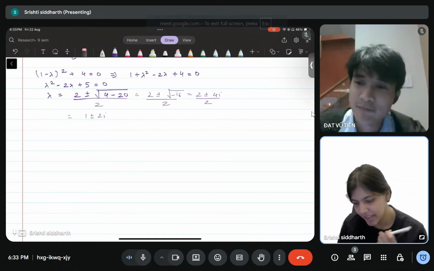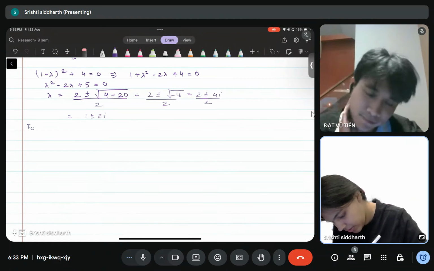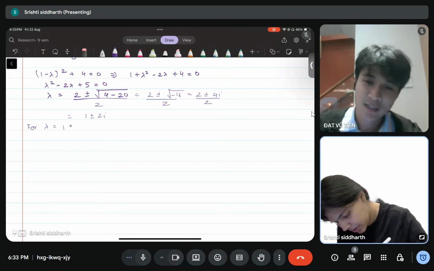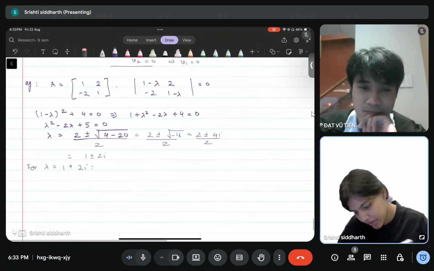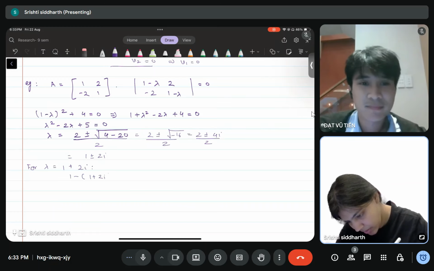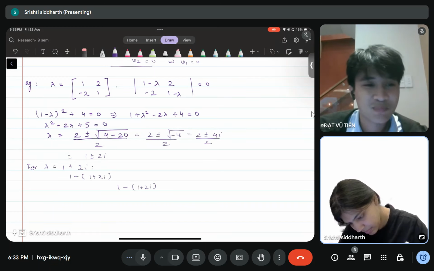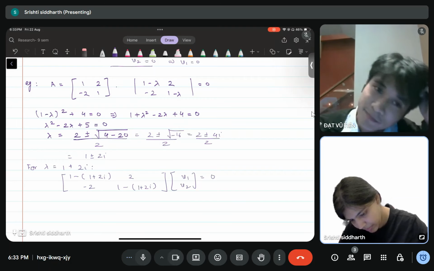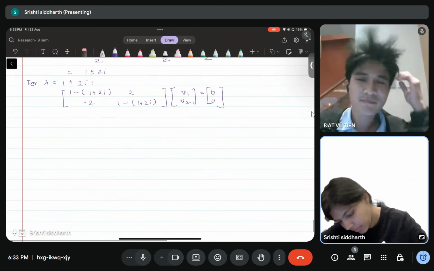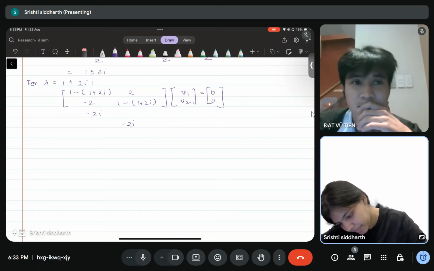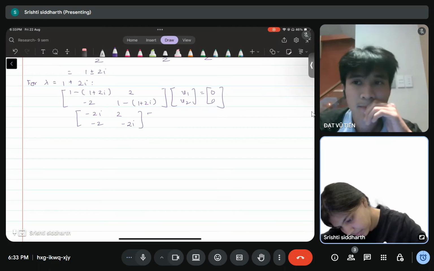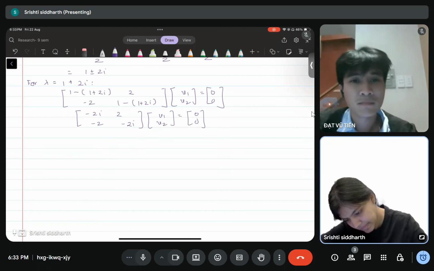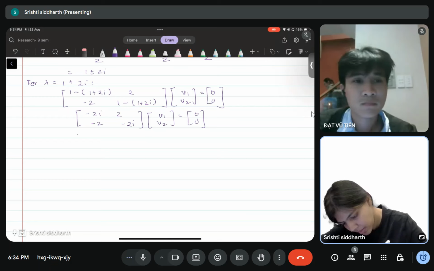Let's see if we get some luck finding these eigenvectors. So for lambda equals 1 plus 2i, this is... the first one is minus 2v1 i plus 2v2 equals 0.